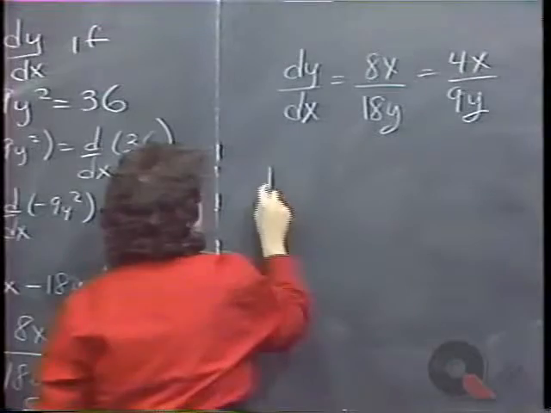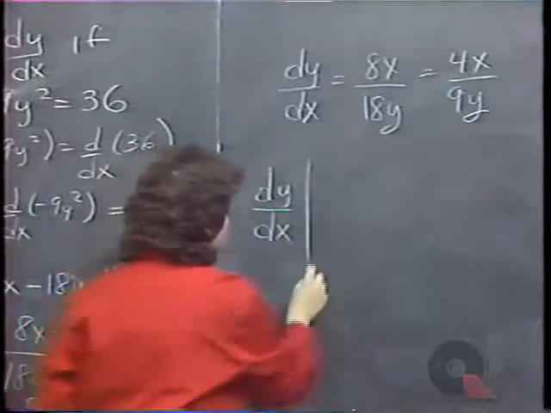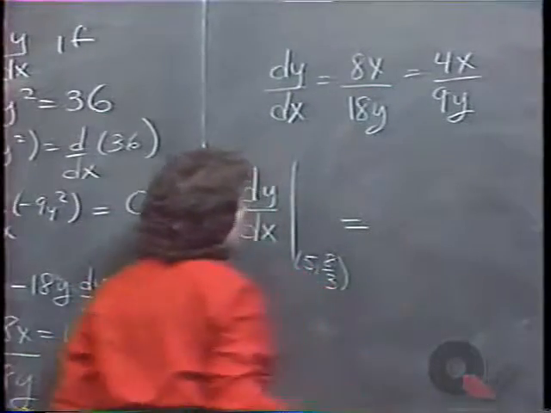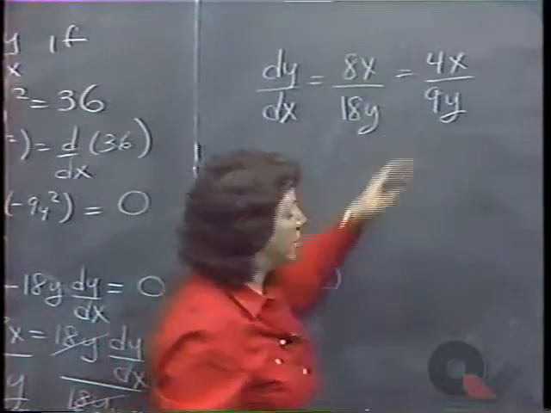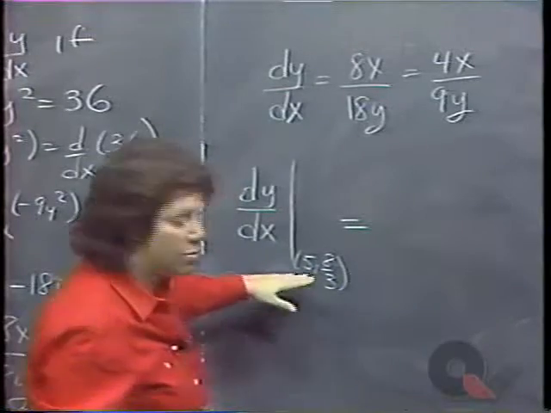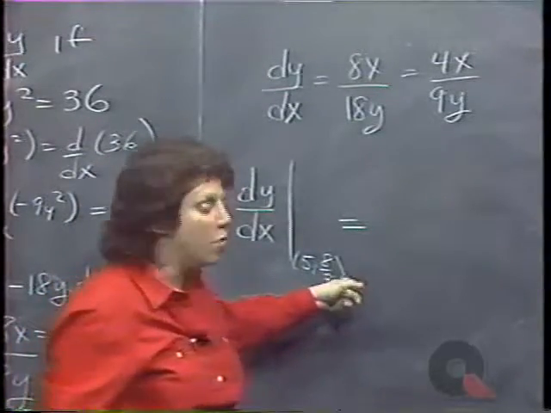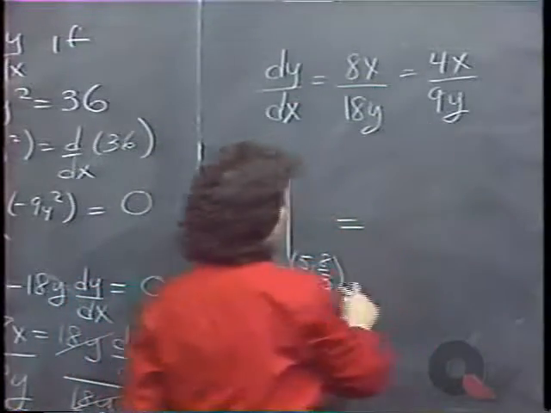Now we're interested in dy/dx evaluated at the point (5, 8/3). Remember earlier in the tape when I said having dy/dx in terms of both x and y is really not a catastrophe. Because, for example, in a problem like this, when we're trying to find the slope of the tangent line, we know both the x and the y coordinates of the point. So we will be able to evaluate this at this point.